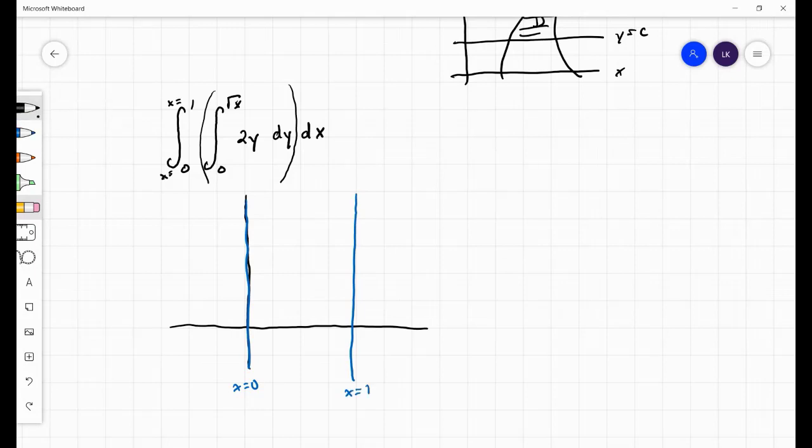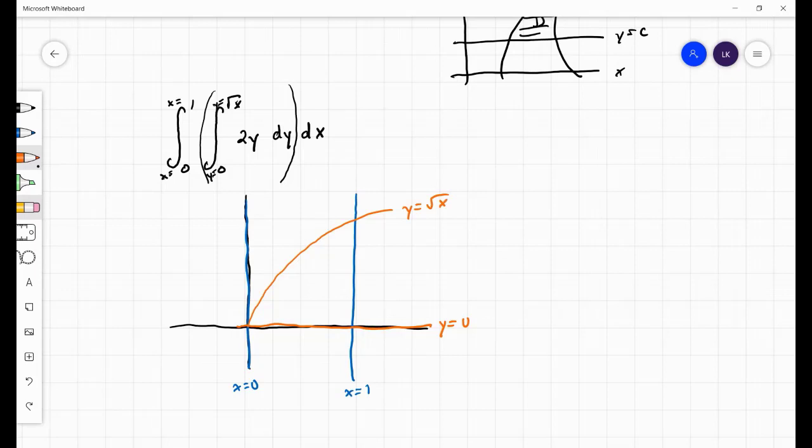And then we see that the bounds for y are 0 to the square root of x. Okay, so below, y is bounded by the horizontal line where y equals 0. And above, y is bounded by the function where y equals square root of x.